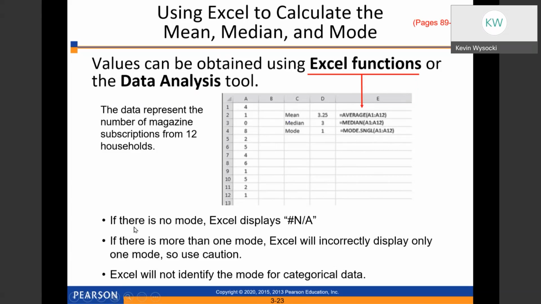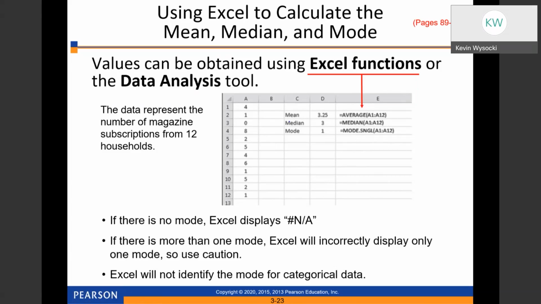So some notes on the bottom of the screen here. If there is no mode, Excel displays a hashtag NA. It's just because if they all occur the same amount or no one's the maximum, it'll just return that. If there's more than one mode, Excel will incorrectly display only one mode, so use caution. I did try this, and that's true.